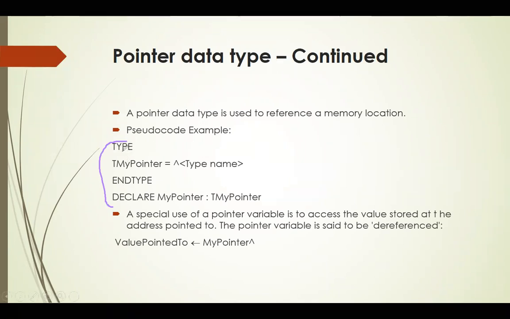You remember that this type and end type area is used to make a custom data type, a user defined data type. And then when you have declared this data type, which is T my pointer, then you can declare a variable using that data type, which is declare my pointer as T my pointer.